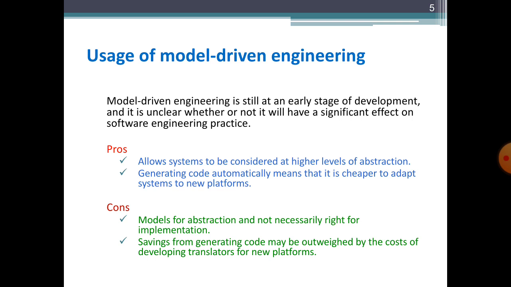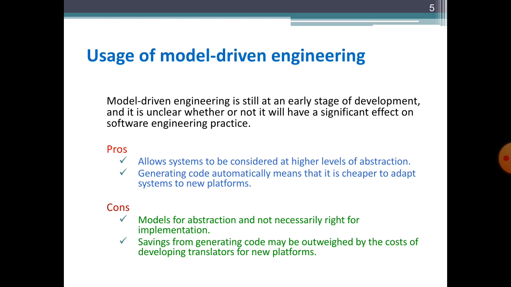Therefore topics such as model based requirements engineering, software processes for model based development, and model based testing are part of model driven engineering, but not part of model driven architecture. So we can say that model driven architecture has a narrower scope, and model driven engineering has a wider scope across the entire software development life cycle.